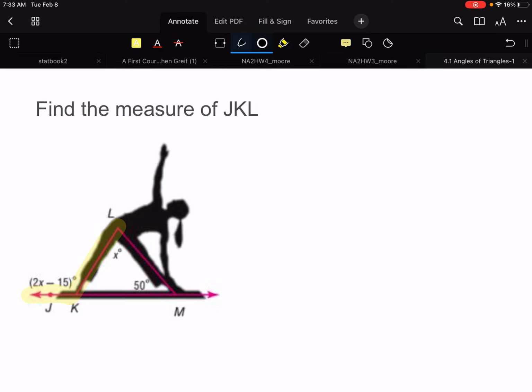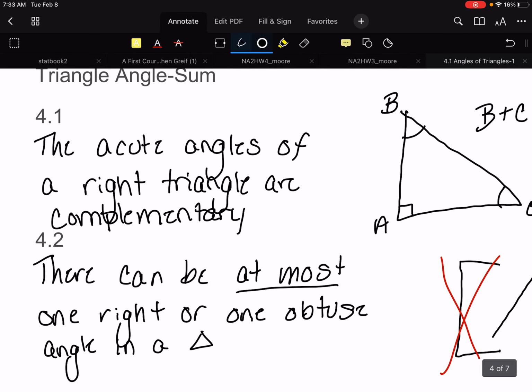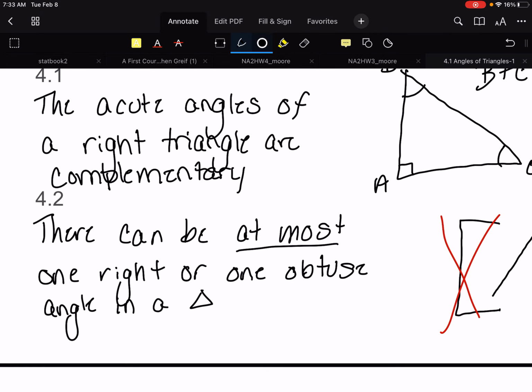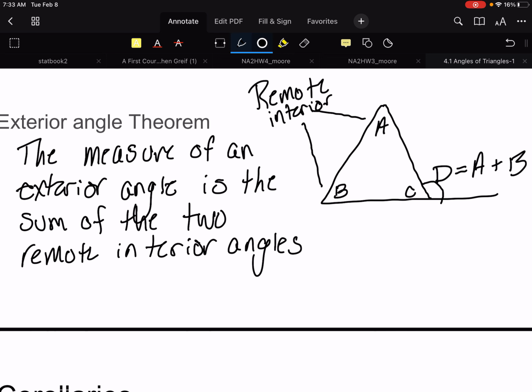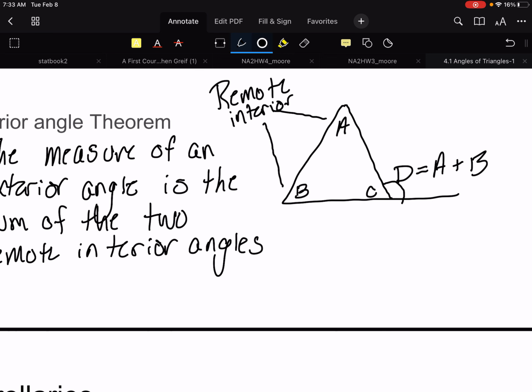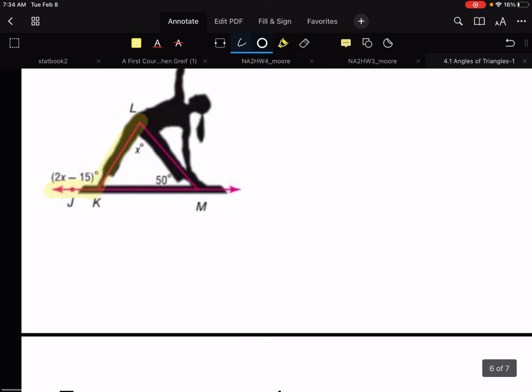We are told in the corollary that the acute angles of a right triangle are complementary. Right here, the exterior angle theorem. So we're given an exterior angle, so we might want to use our exterior angle theorem. And we're told that the measure of an exterior angle is the sum of the 2 remote interior angles. So those 2 remote interior angles, the non-adjacent angles to the exterior, add to be the exterior angle. So that's where we're going to start.